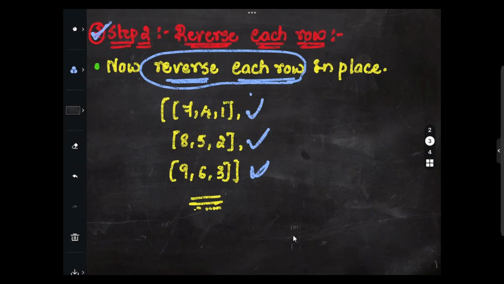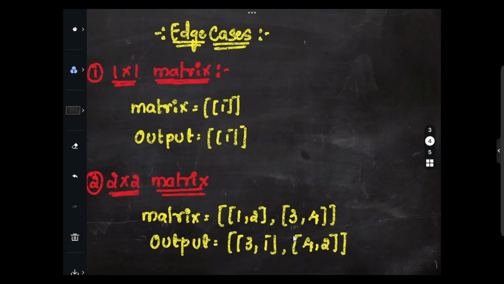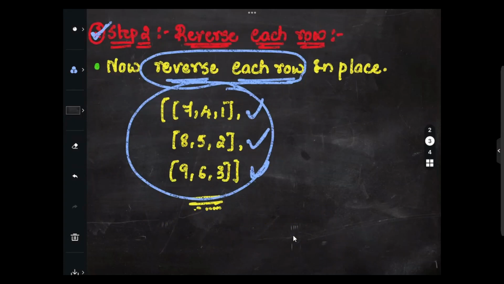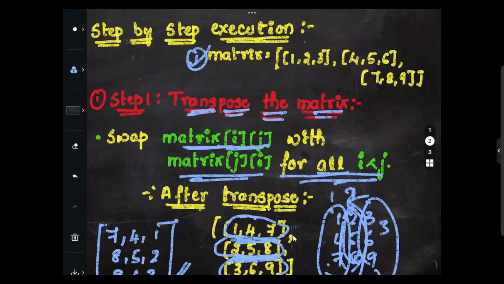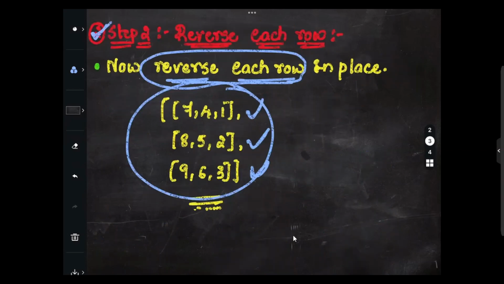So now reverse each row in place. After reversing what we got here in this case, this one. So we have clearly discussed this one, right? So this is same as the output that they have given for the output that we got here, 741, 852 and 963. First we went for the transpose, then we reversed the rows in place, nothing but we reversed each row.